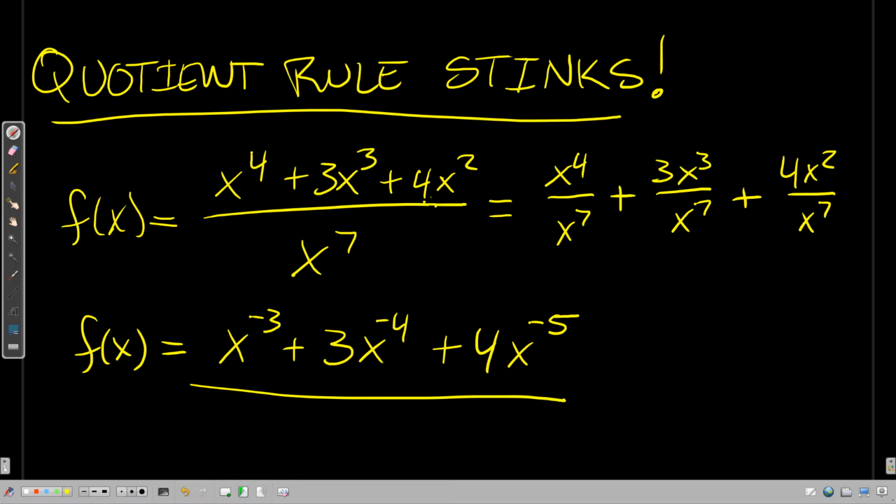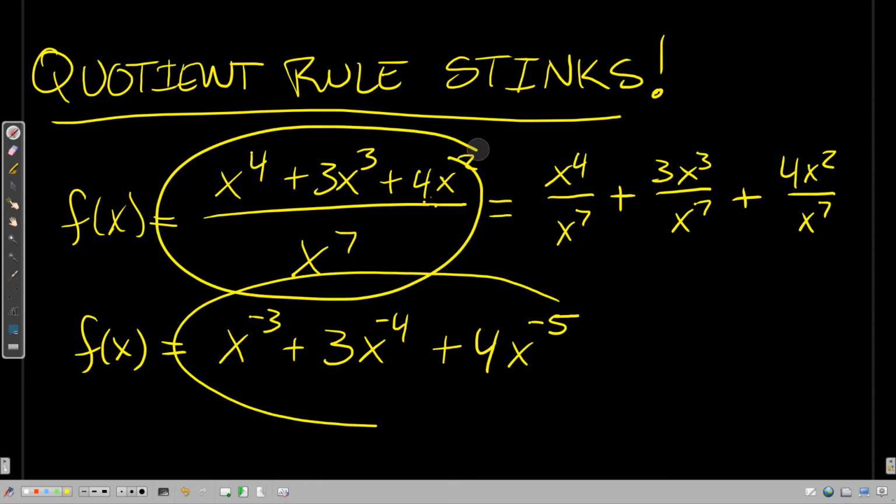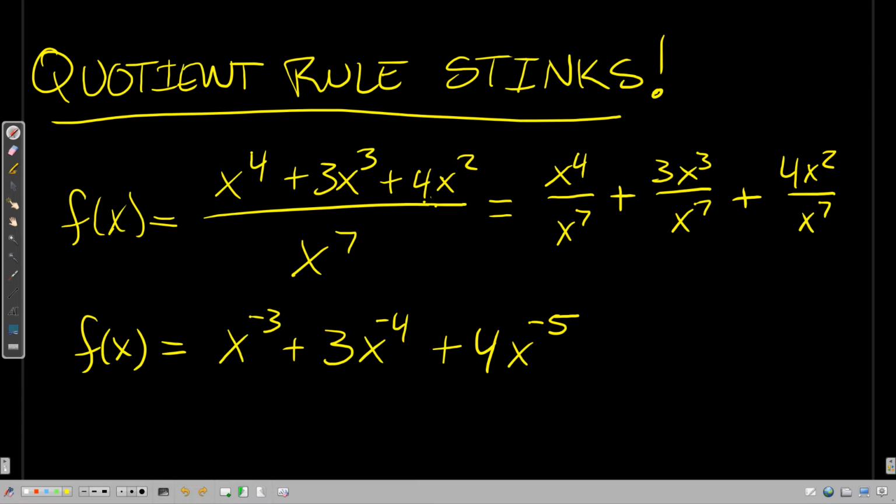This is calculus style. This is how we like to look at our functions in calculus. This is what we love. We love it because we know the derivative rule to get this done in a hurry, but this thing looks nasty.